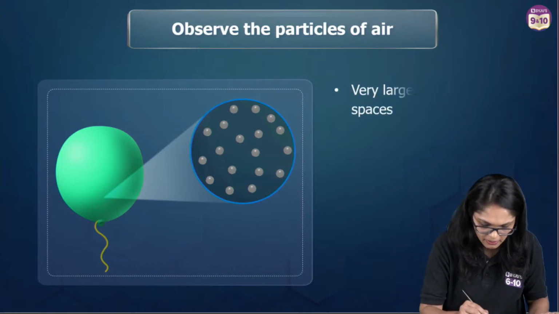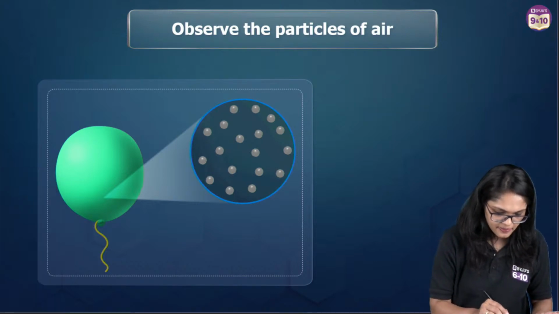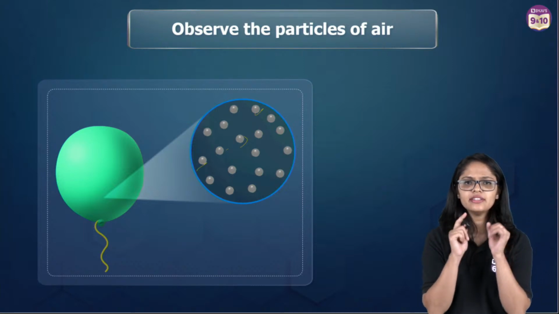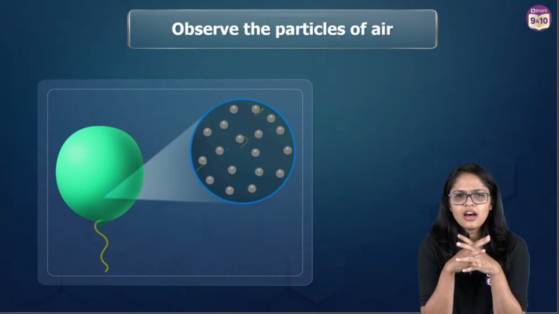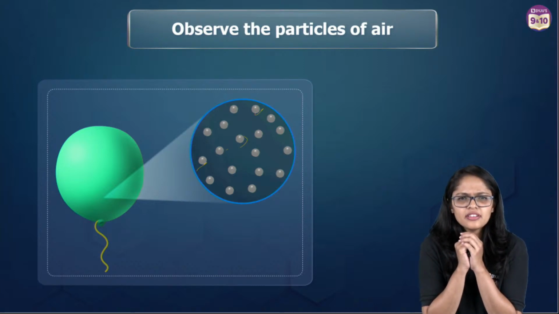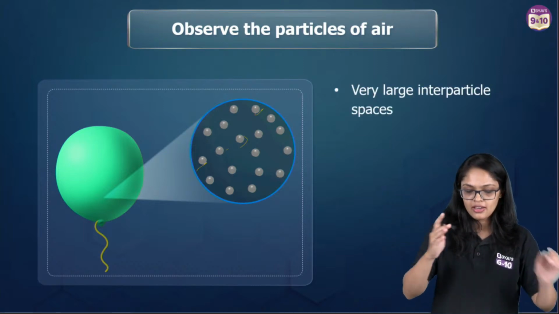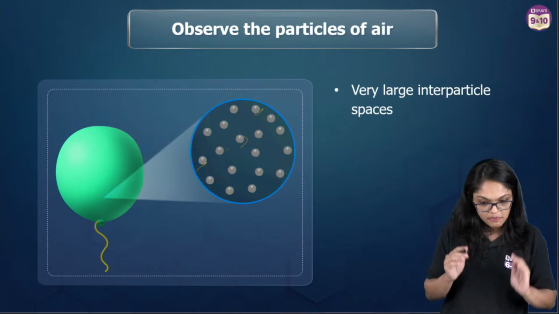These are all the particles of air. These are the small particles, and look at the space between the particles. How is it? Very tightly packed? No, they are not tightly packed. The space is very large, very large interparticle spaces.